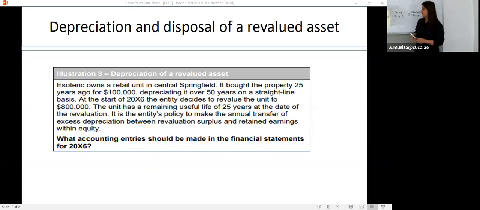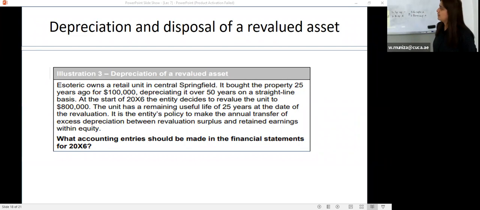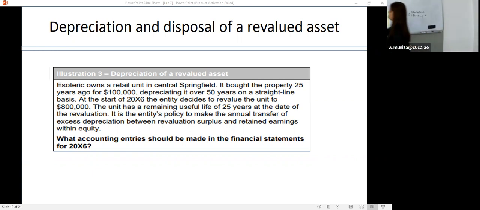Pass the amounts. For revaluation surplus, first you need to do by yourself. How will we find accumulated depreciation? Sorry? How are we going to find accumulated depreciation? It bought the property 25 years ago for 100,000, depreciating it over 50 years on the straight line basis. At the start of 2006, the entity decided to revalue the unit to 800,000. The unit has a remaining useful life of 25 years.